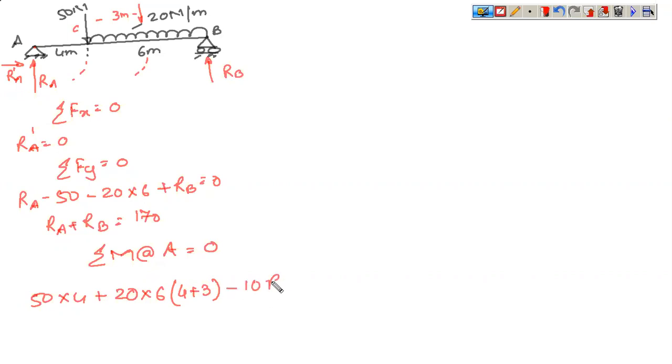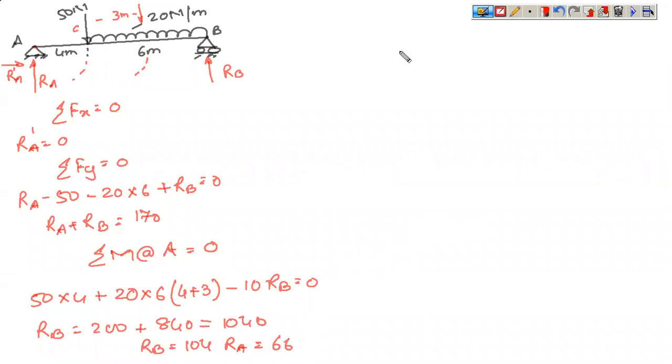Minus 10 RB is equal to 0. So you have RB is equal to how much? 200 plus 120 into 7, 840, so this is 1040. So you have RB is equal to 104 and you have RA is equal to 66.